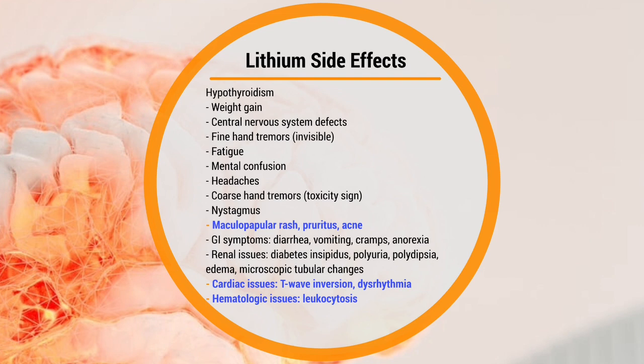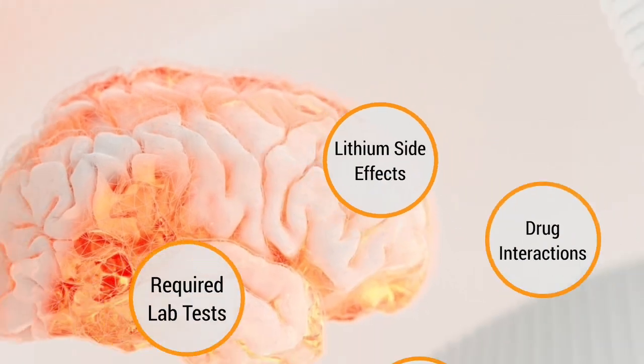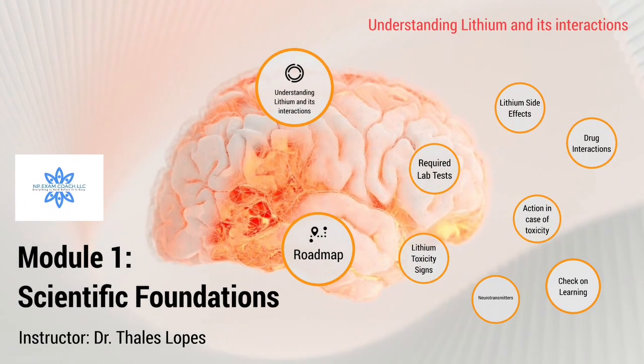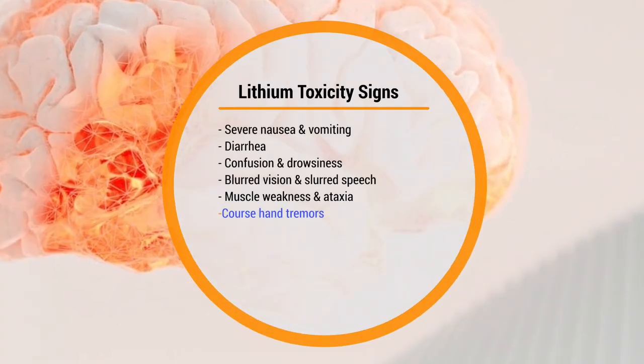GI symptoms like diarrhea, vomiting. Anytime you see symptoms that say severe, you know it's no longer a side effect of the medication, but a toxicity level. Okay. Cardiac issues often produce a T inversion and dysrhythmia, and hematologic issues like leukocytosis. Okay, definitely know the side effects of lithium.